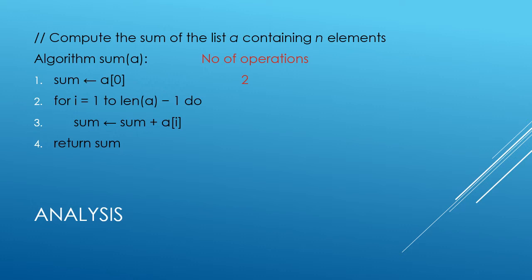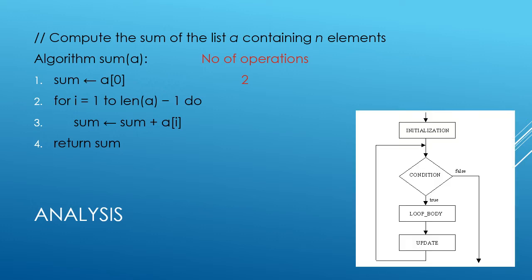Before finding the number of operations in the for loop, let us look at the general structure of any for loop. These are the things that we do in a for loop. First, we initialize the counter variable. Then we check if the value of the counter variable falls within the valid range of the for loop. Then we move into the body of the for loop.